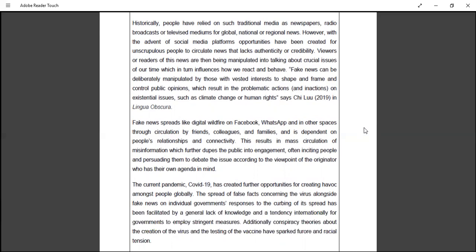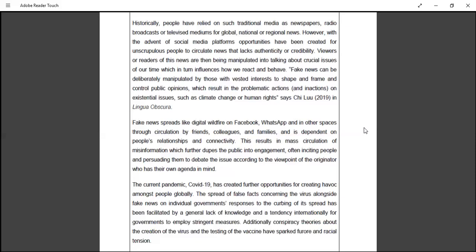Historically, people have relied on such traditional media as newspaper, radio broadcasts, and televised mediums for global, national, and regional news. However, with the advent of social media platforms, opportunities have been created for unscrupulous people to circulate news that lacks authenticity or credibility.